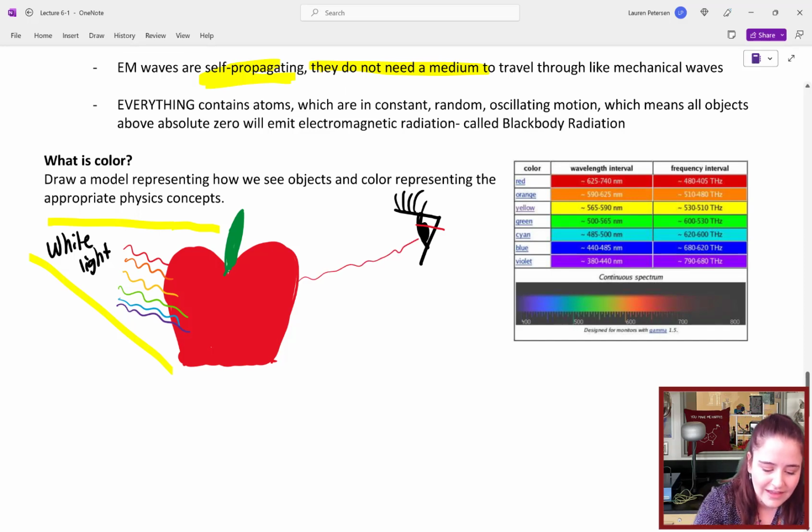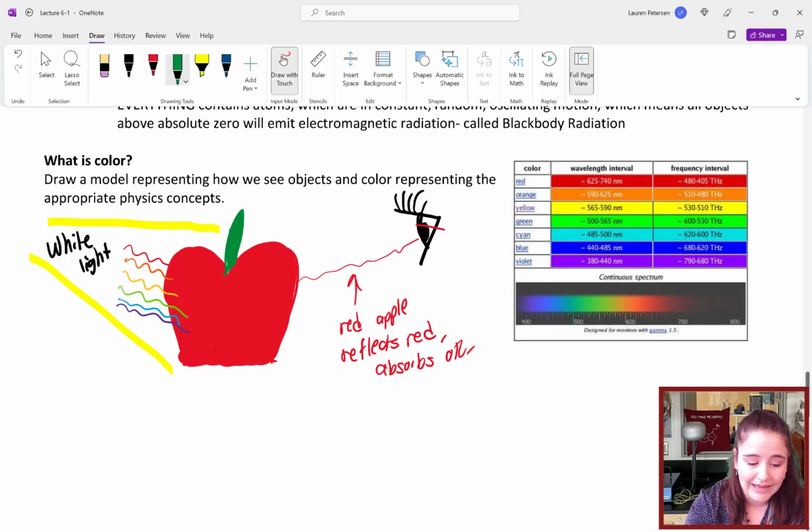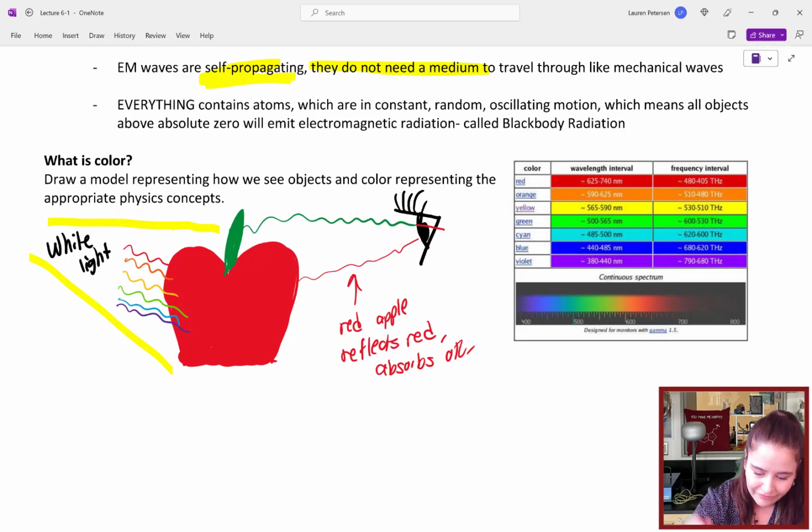All of the other colors get absorbed. So a red apple reflects red and absorbs the other colors, while the green leaf would be reflecting green and sending green into my eye and absorbing all of the others.